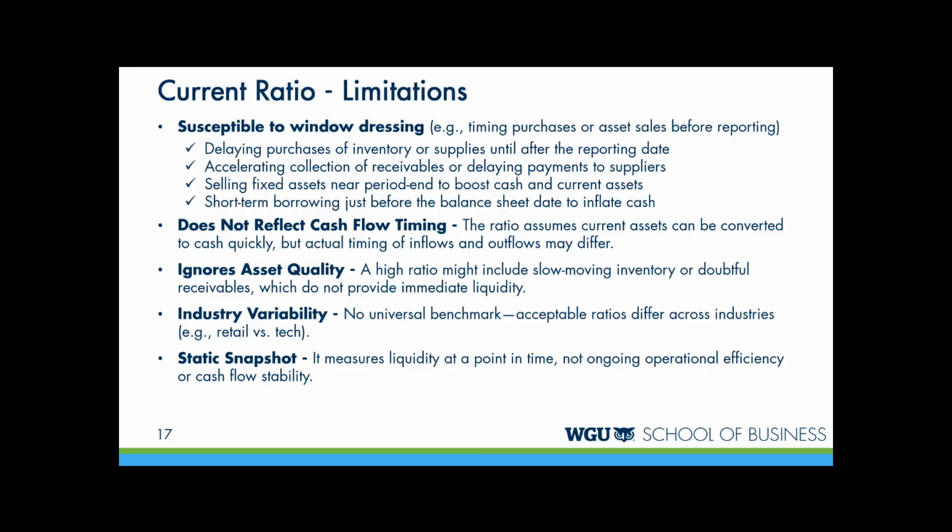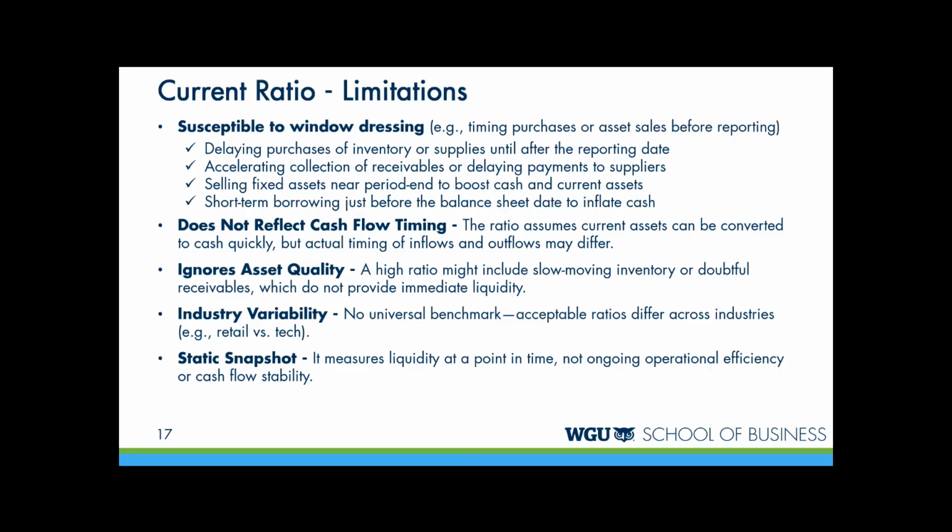Okay, as we said with our percentage of current asset ratios, the current ratio is also not going to reflect cash flow timing. It is going to reflect a snapshot, and that's another limitation. It represents what it looks like as of this date, but it doesn't give us a big picture of the timing of our inflows and outflows of cash.